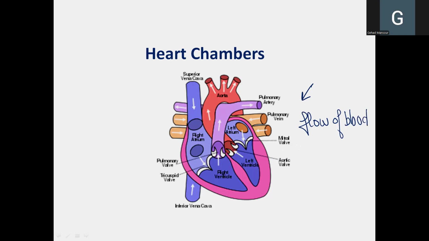And of course, when we describe the flow of the blood inside the heart, we have to mention the role of the atrioventricular valves, as well as the role of the semilunar valves.